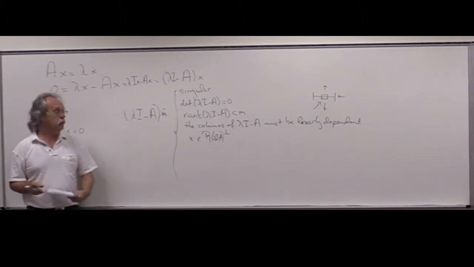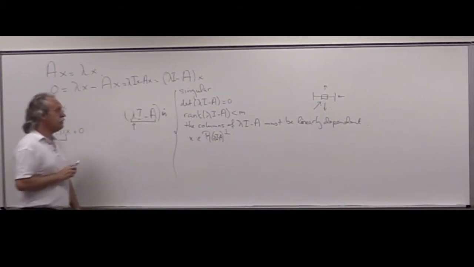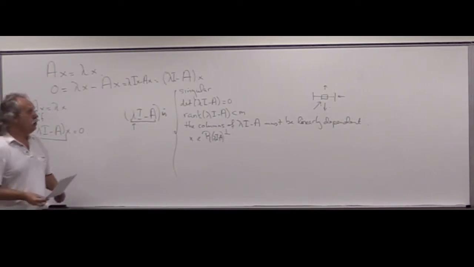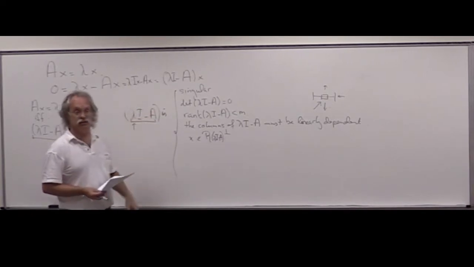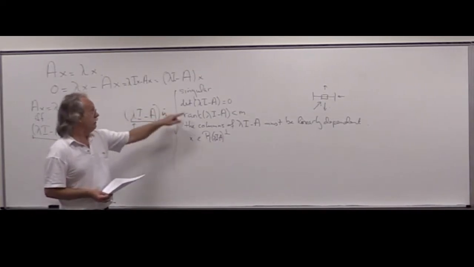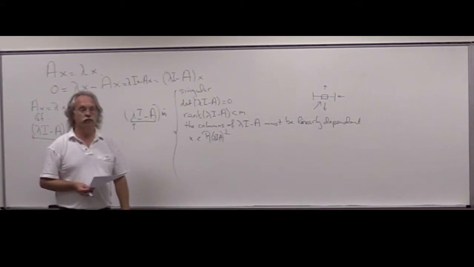But the important insight here is, in order to find all of the lambda that satisfy this, what you're really doing is looking for all of the lambdas that make this singular. And the fact that the determinant is equal to 0 is a convenient way of describing that.